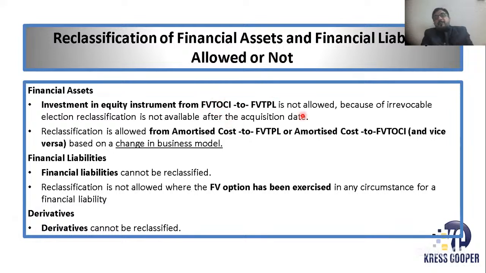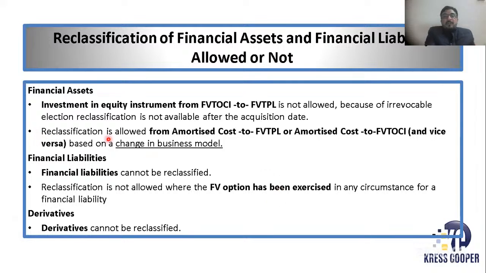Now we cannot revert back to fair value through profit and loss. So only those can be reclassified if the model is changing. Derivatives can never be reclassified. Liabilities can also never be reclassified.